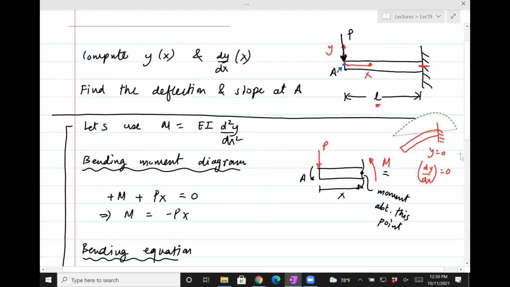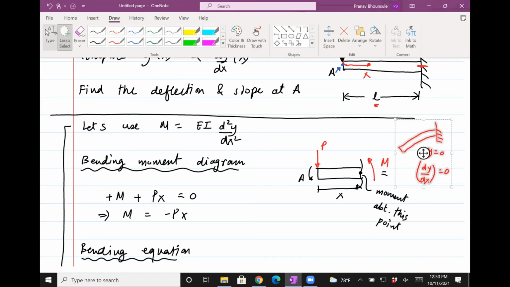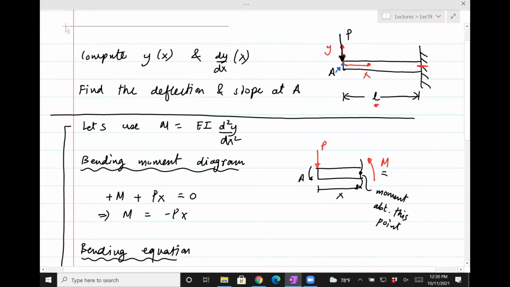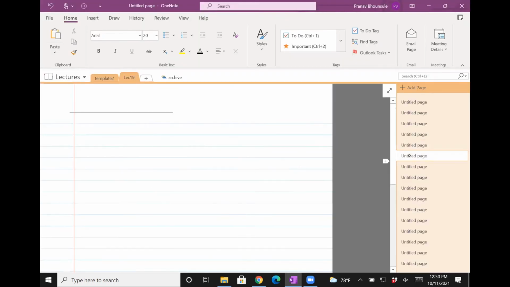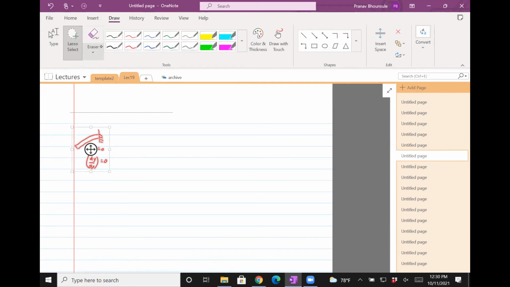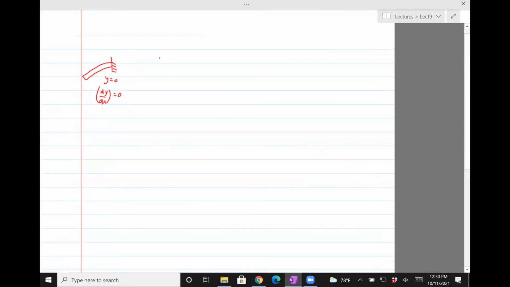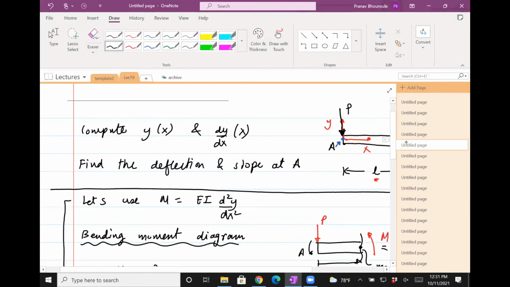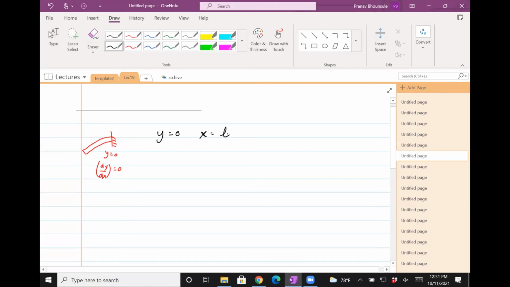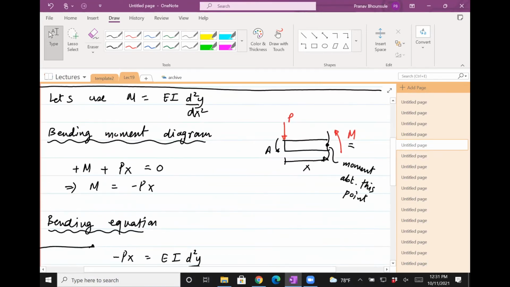So let's take this and try to use this fact. So y equals 0 at x equals L. Rather, did I put a small L? No, small L. Okay. So let's just use this fact in equation 2. This is my equation 2.